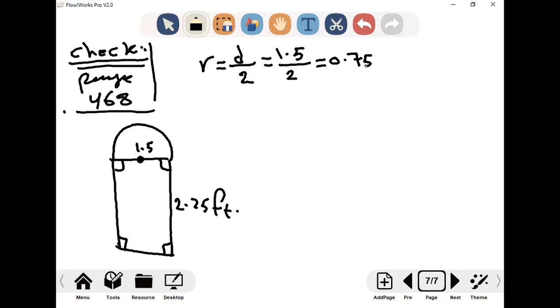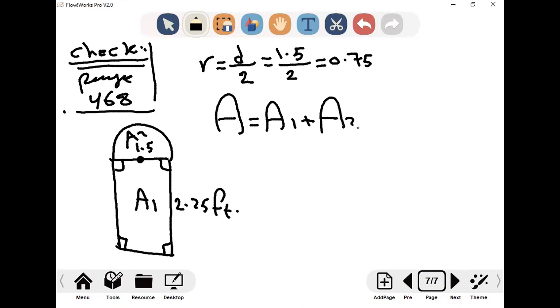So I prepared the radius, I have the length, I have the width, I have everything. So now I will call this one A1 and here A2. Now the whole area equals A1 plus A2. A1 is the rectangle, length by width. How much is the length? 2.25. No, I'll write the formula, sorry. Keep writing the formulas always, length by width. And A2 is a semicircle, right? Semicircle, not circle.